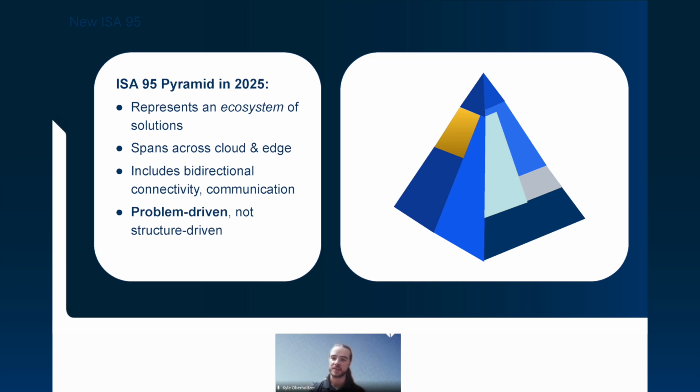So if there's one thing to take out of this entire section of the presentation, it's that we're increasingly seeing software and systems be built for the problems they're trying to solve rather than the model they're trying to fit into. And I'll get more into that in a bit, but that's really the whole thesis of what we're seeing here, right?